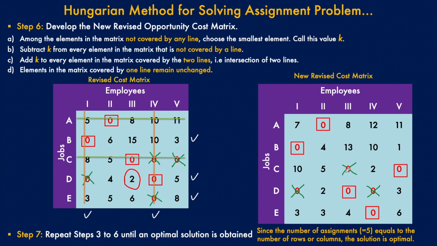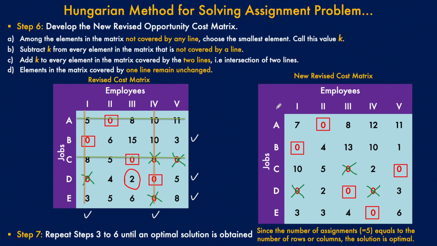So skip this step. Go to the fourth row. Again, here also this 0 is present. So skip for the time being. Go to the fifth row. Only 1 0 element is here. You just choose this one. Once we assign this one, then immediately you check in this column and cross this 0.